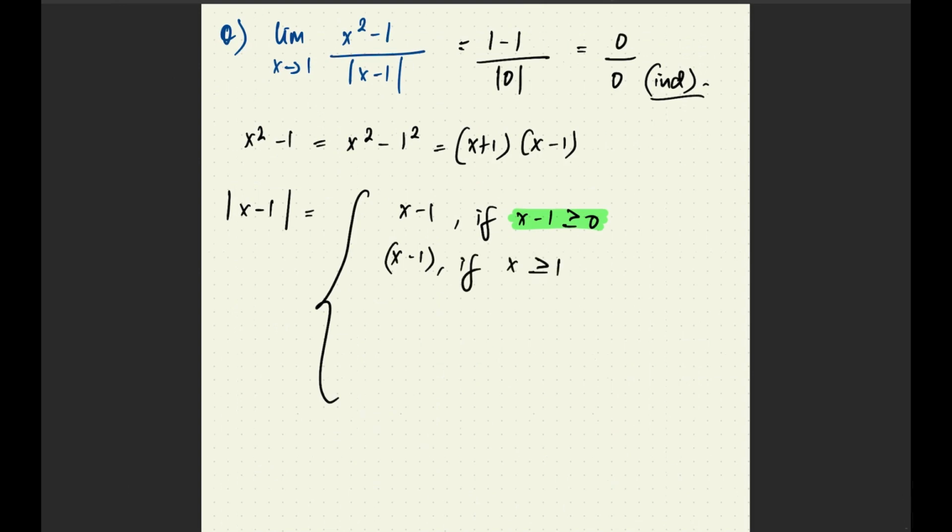So I just brought 1 to the other side. Or the absolute value of x minus 1 is equal to minus (x minus 1) if x minus 1 is less than 0. Again, we can simplify this inequality. So then we can say that the absolute value of x minus 1 can also be equal to minus (x minus 1) if x is less than 1.